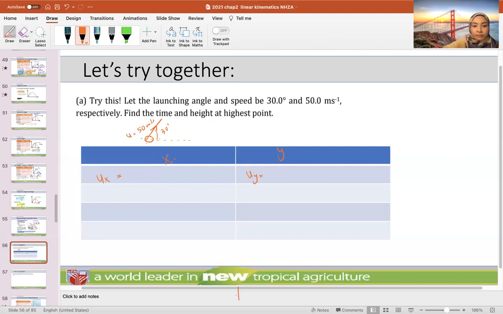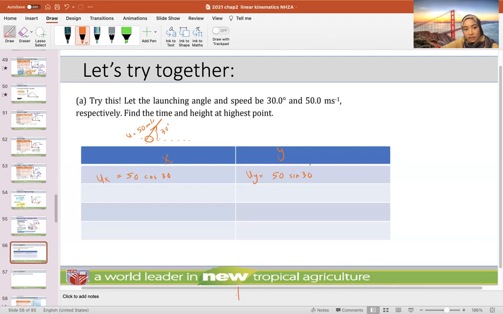Use cosine. What's the equation? 50 cos 30. Correct, thank you. And then Akila, can you tell me what is the Uy? 50 sin 30. Thank you.